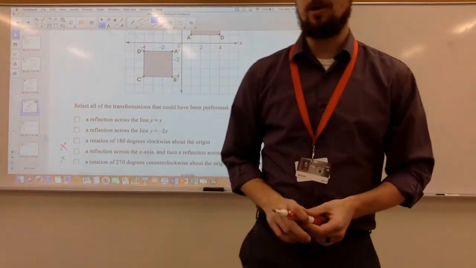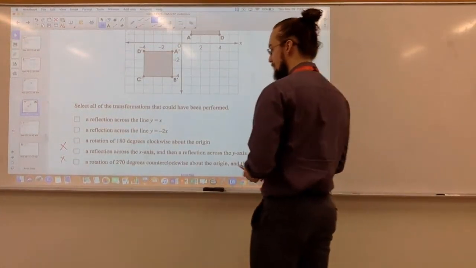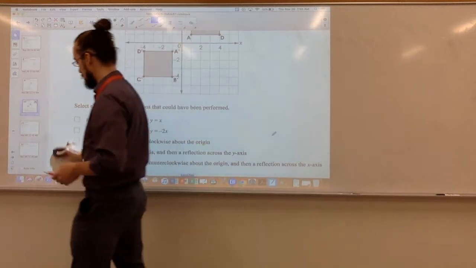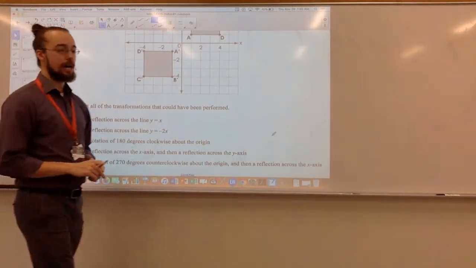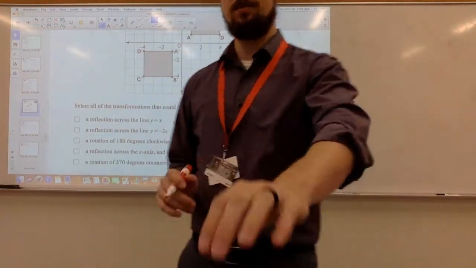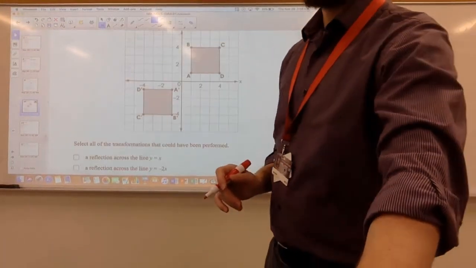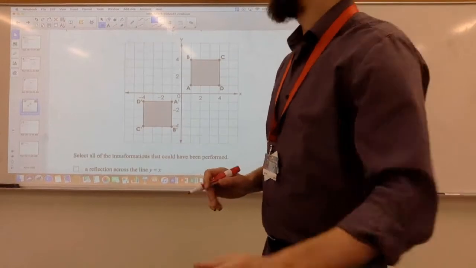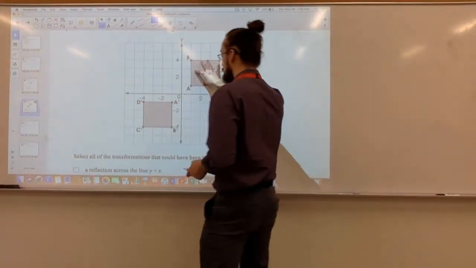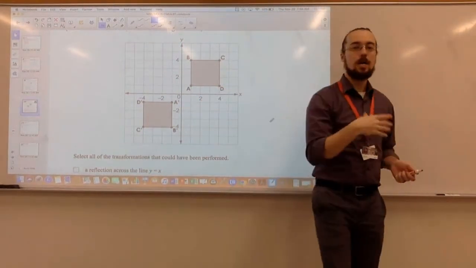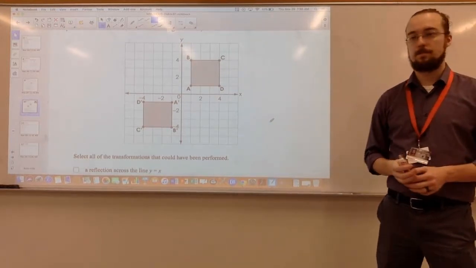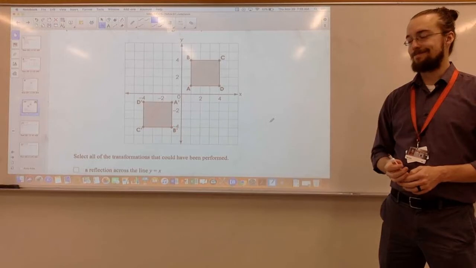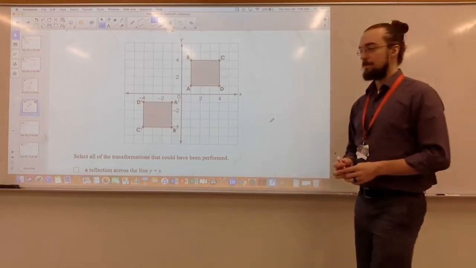How about the last one? A rotation of 270 degrees counterclockwise about the origin, then a reflection across the x-axis. So this one's kind of tricky. If I take this and go 270 counterclockwise, where will I end up? Quadrant 2.